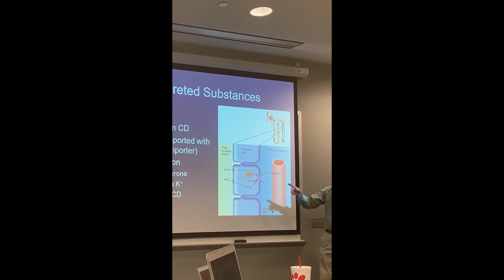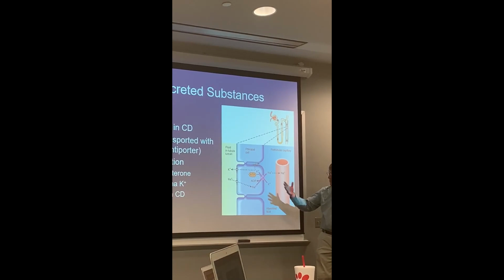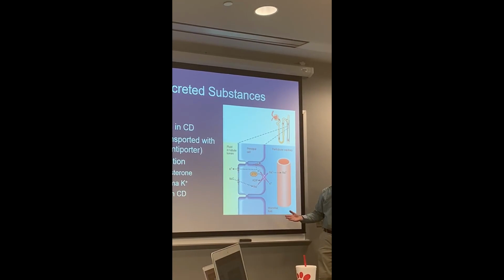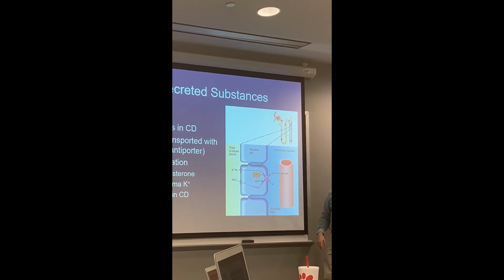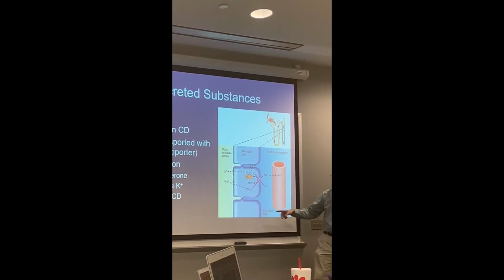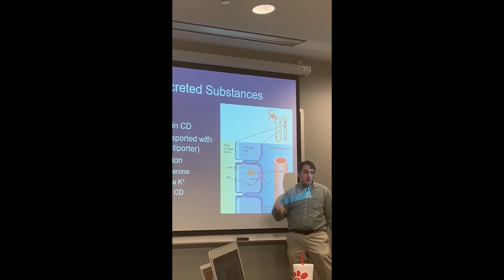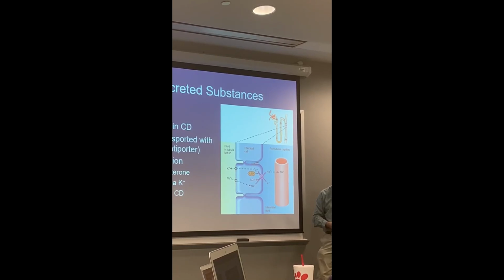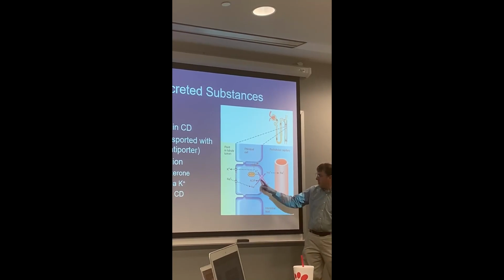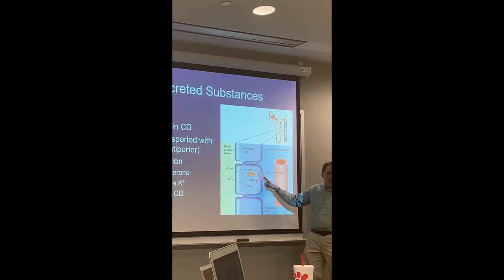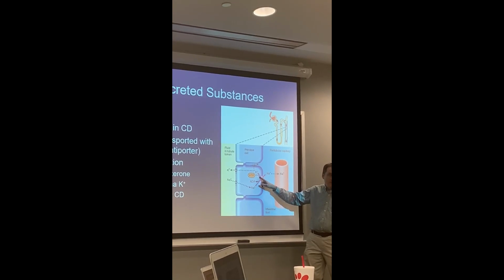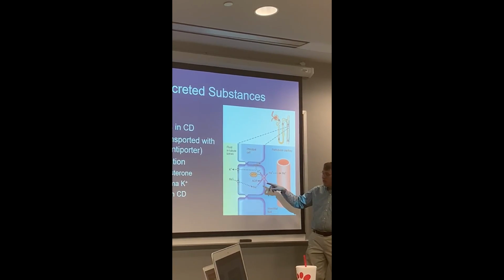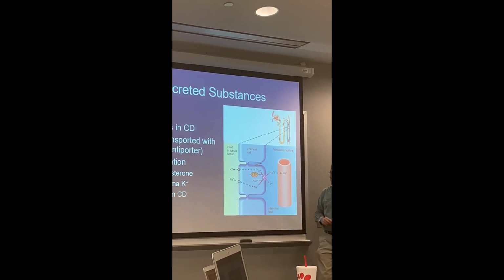Okay? So aldosterone helps to regulate that. Plasma potassium does as well. If you have elevated plasma potassium, it's going to increase this process. And the amount of sodium in the collecting duct: if you have more sodium here, it will also increase that process. So they balance each other out. Now what aldosterone actually does is it increases the activity of these sodium-potassium pumps. So if you have more of their activity, you will increase this process.